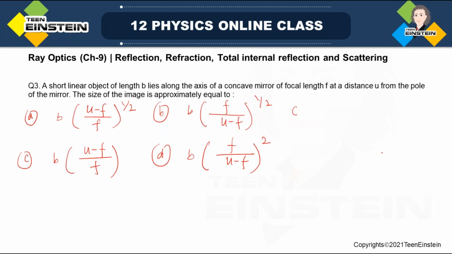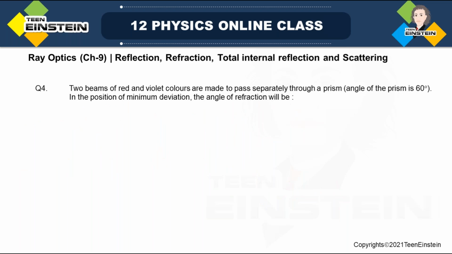So the question is, there is a concave mirror. Anyway, we know the equation for the mirror. So what is the mirror equation? 1 by v plus 1 by u is equal to 1 by f. Here there will be a plus sign. This is the general formula for a mirror.